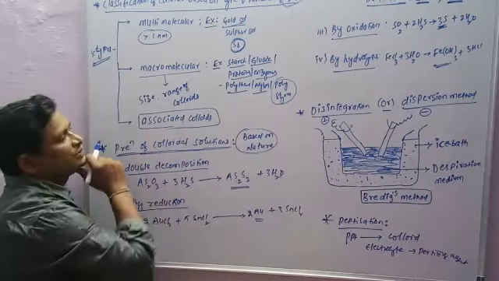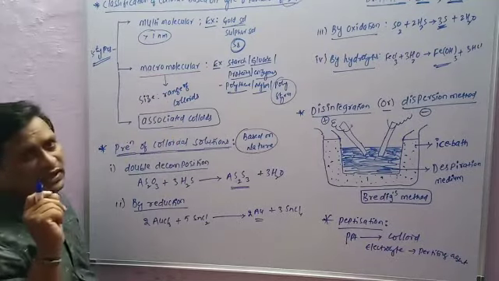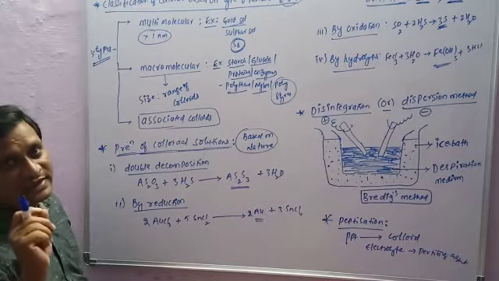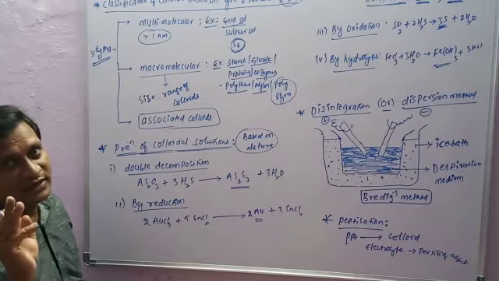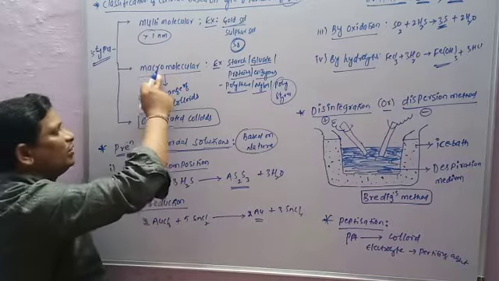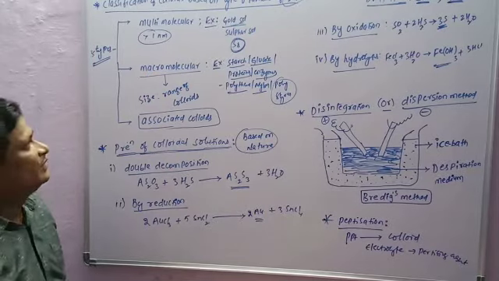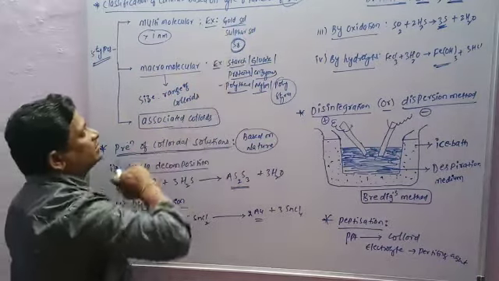So mainly based on particle size, that is the size of the dispersed phase, colloids are of three types: multimolecular, macromolecular, and associated colloids.